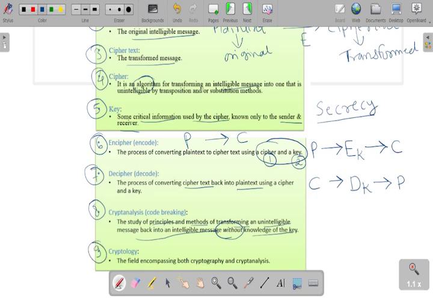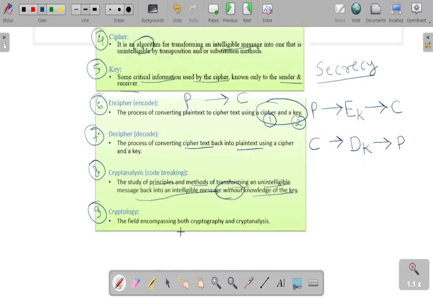And the last term is cryptology. Cryptology is the combination of cryptography and cryptanalysis. In cryptography, we learned that we can convert our plain text message to ciphertext and our ciphertext message to plain text, but here we use the concept of cipher as well as key.